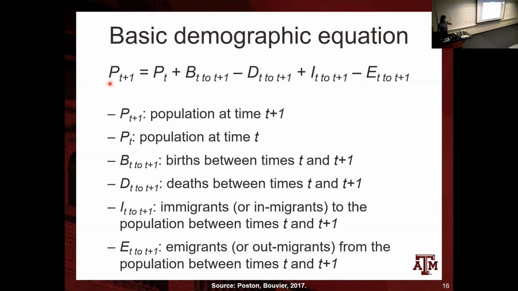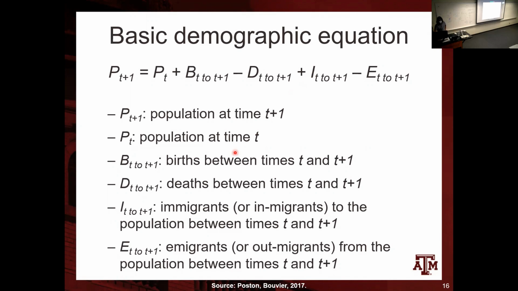So if you're talking about Texas, when we are adding the number of people who enter Texas in that specific time frame, these people can be both immigrants, people coming from other countries to live in Texas, or migrants from other states within the US to live in Texas.